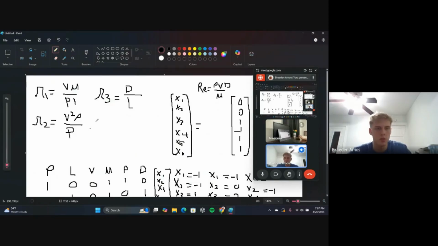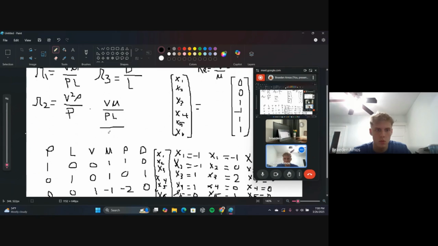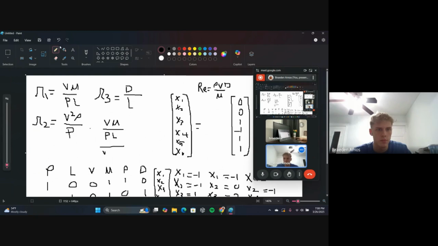The next step is to do pi 2 over pi 1. Oh wait, no, I wrote it backwards. So pi 2 over pi 1.